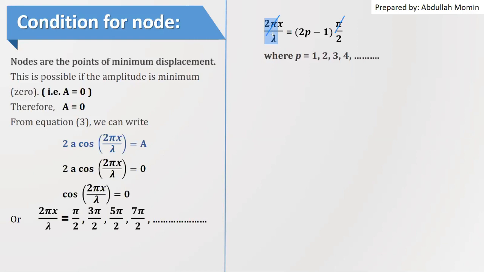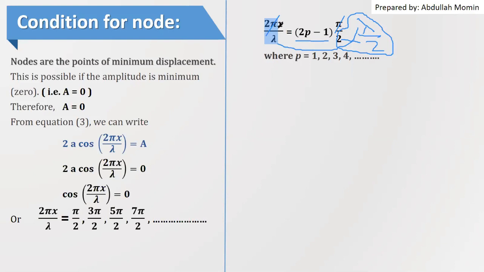This 2 and this 2 get multiplied and it becomes 4. So we will get lambda by 4, and this term can be written as it is.